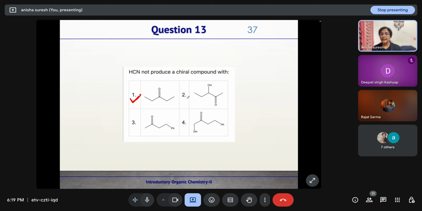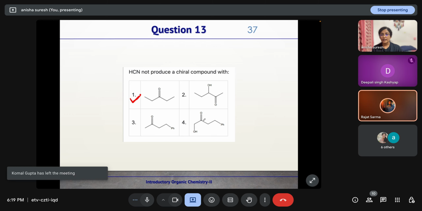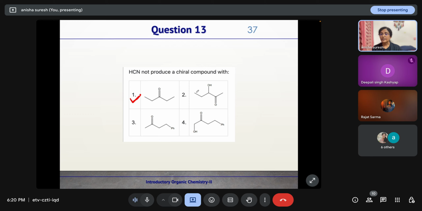But when we consider the other examples, see here, these are different groups, these also different groups, these also different groups. So these are prochiral centers. After addition of HCN, it will result in the formation of chiral cyanohydrin.